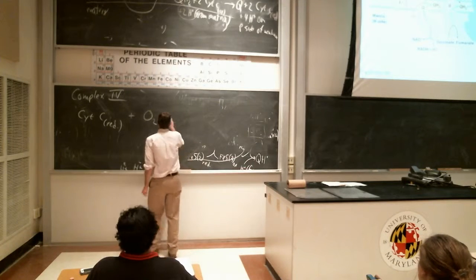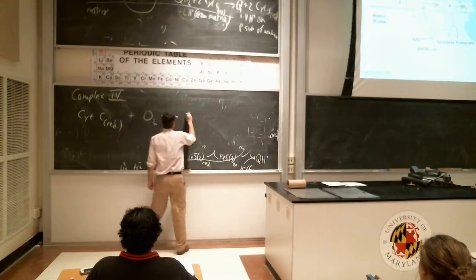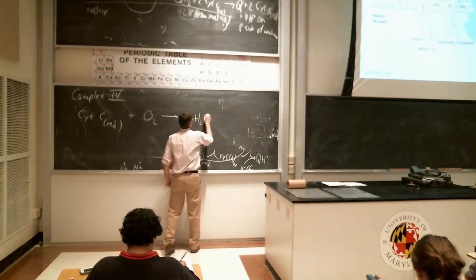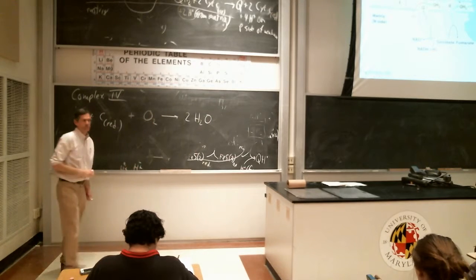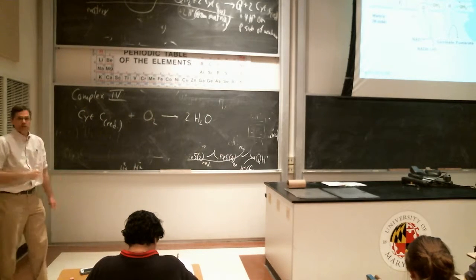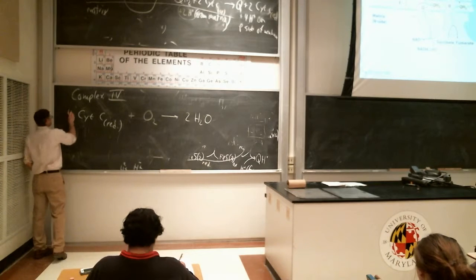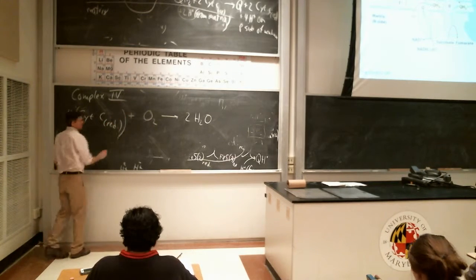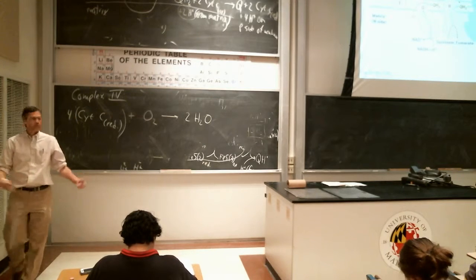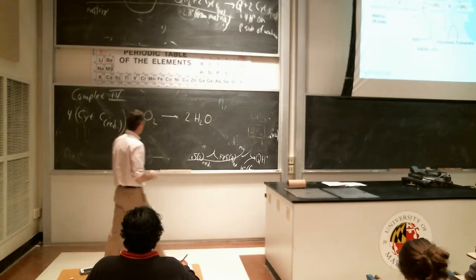So from a mole of oxygen, we're going to get 2 moles of water. That reaction requires 4 electrons. So you actually need 4 reduced cytochrome Cs to reduce 1 molecule of oxygen.